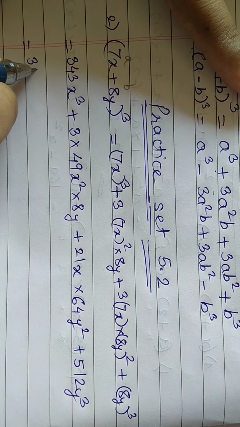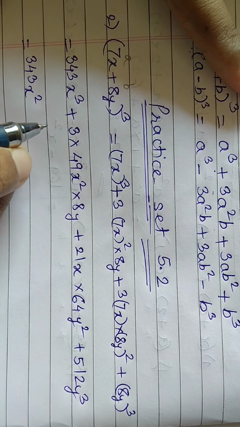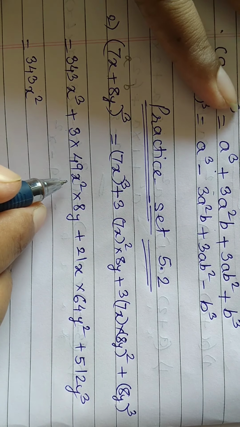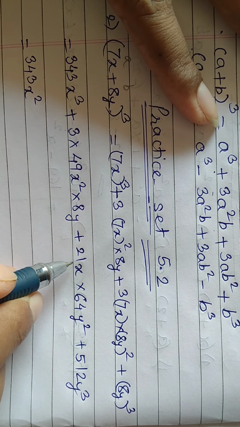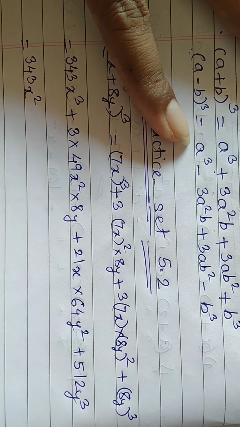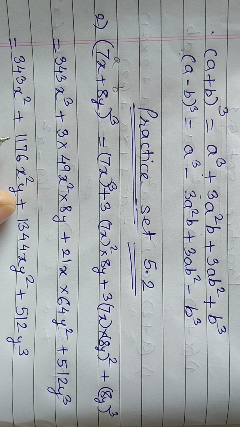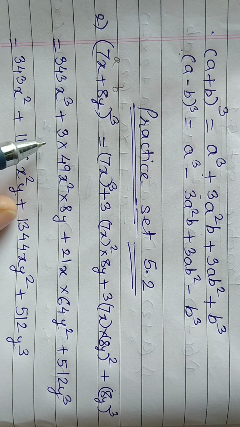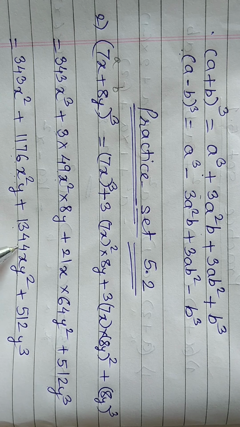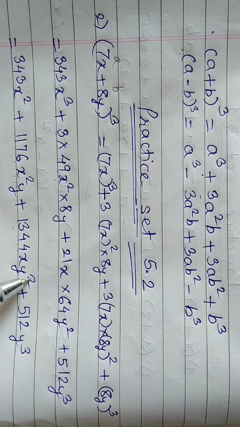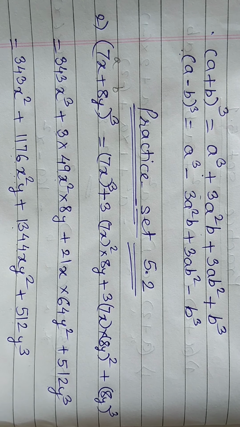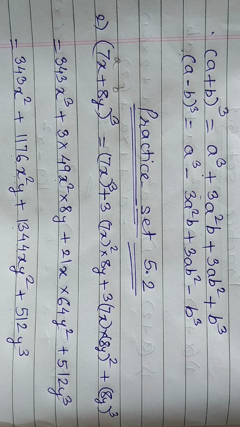Now first term as it is, then multiply 8 into 3 into 49 x square y, then 21 into 64 x y square, then this term as it is. Now see, I have multiplied this. This is your final answer: 49 into 3 into 8 is 1176 x square y, then 1344 x y square plus 512 y cube. This is the answer.